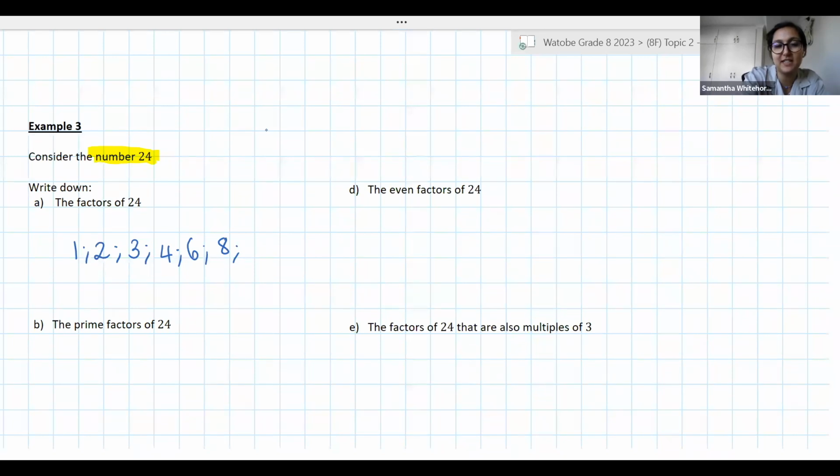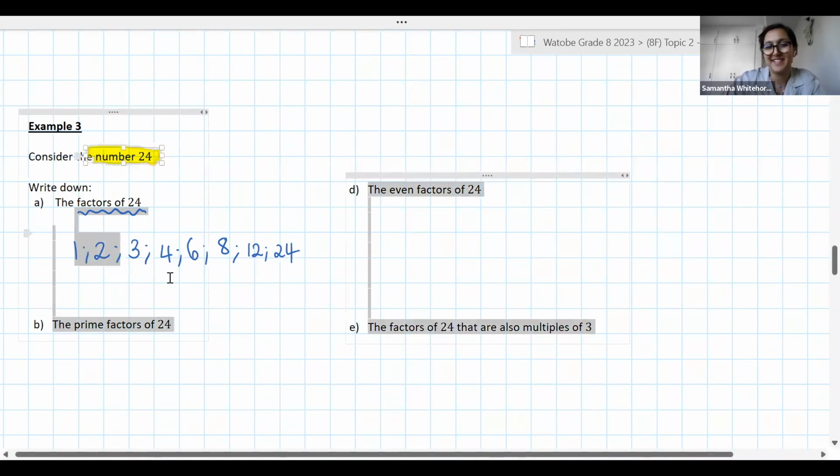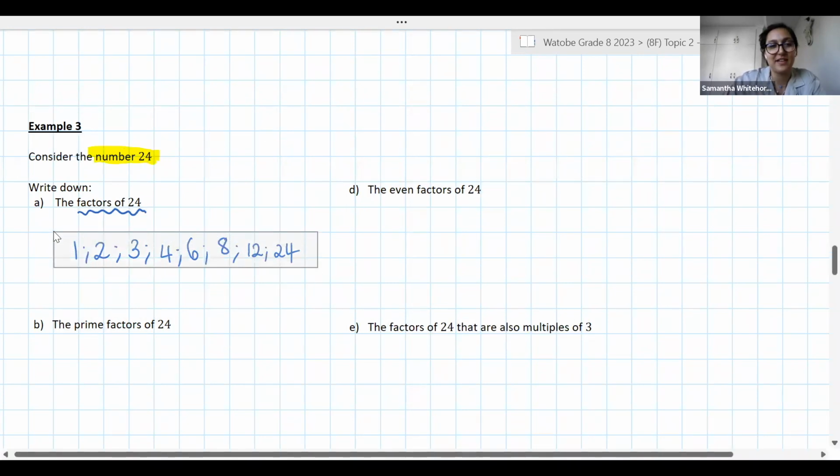What's the next one after 8? 12, 18. Remember, we want the factors of 24, so all the numbers that can divide into 24 without a remainder. So the last one here is 24. Good, well done.